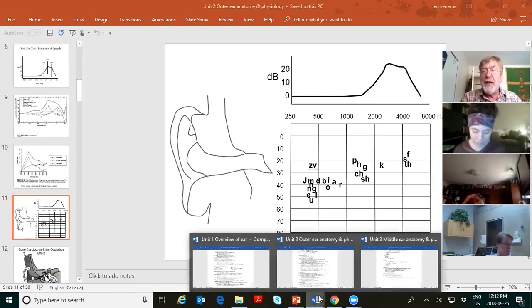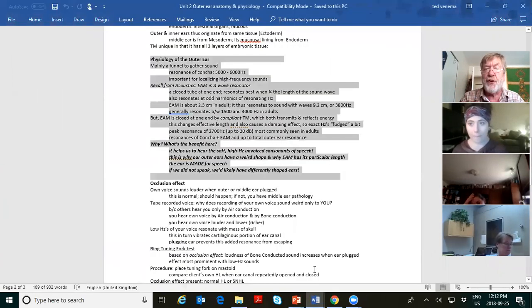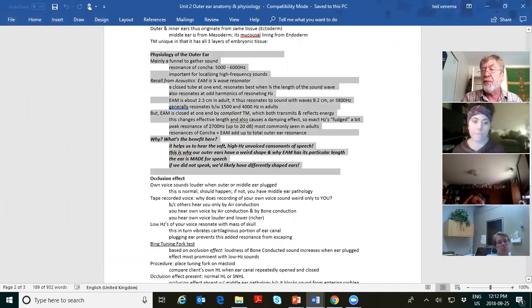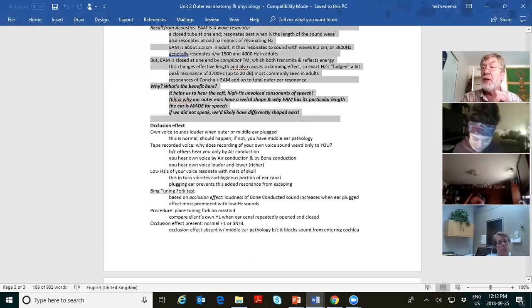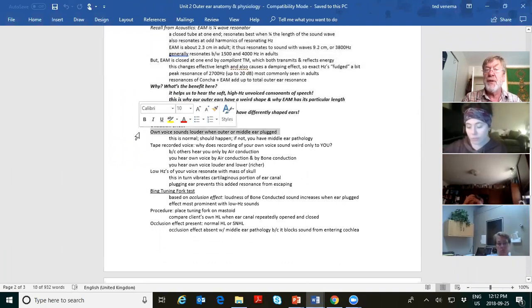Okay, to the notes again here, another thing you should commit yourself to knowing is about the occlusion effect. Because hearing aids also block your ears. They occlude your ears. And the occlusion effect is very natural, and we've talked about it before. There's the lay definition and the professional definition. The lay definition: my voice is louder when my ear is plugged.